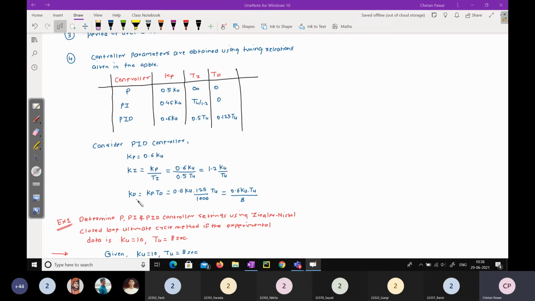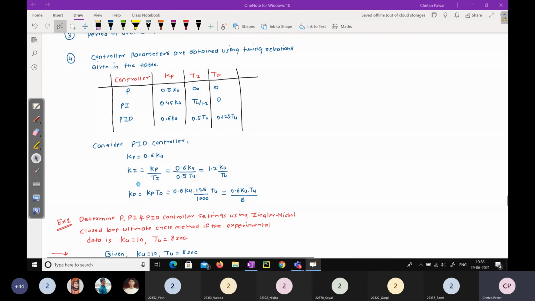Similarly for Kd, Kp into Td. What is Kp? 0.6 Ku. What is Td? 0.125 Tu. So you will get these values.